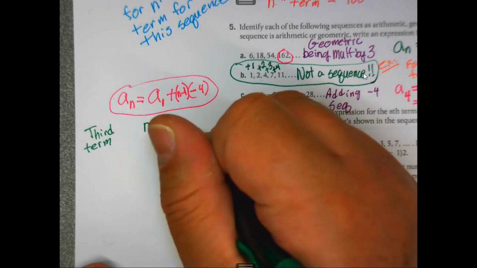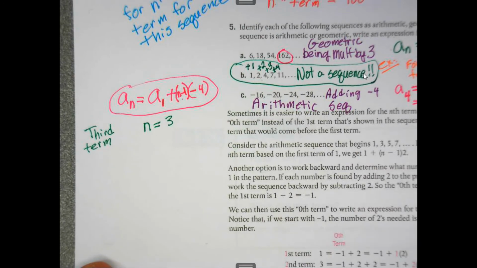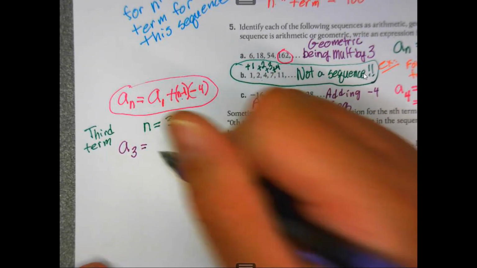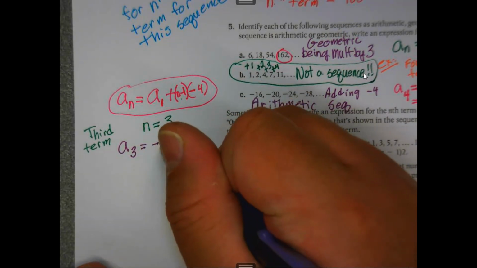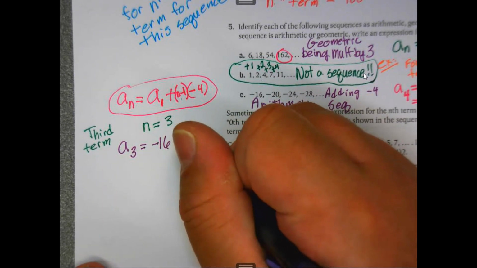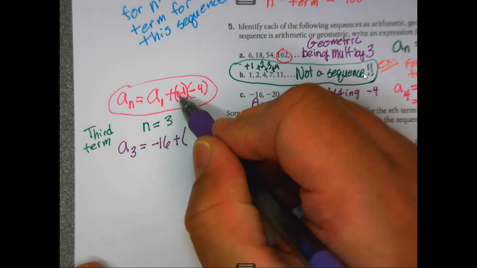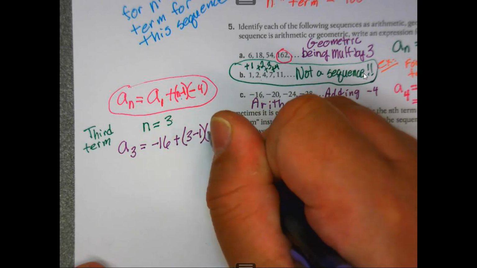So wherever I see an n, I'm going to substitute in that 3. So the third term is going to equal my first term, which is negative 16, plus, I'm going to substitute in 3 for my n, times negative 4.